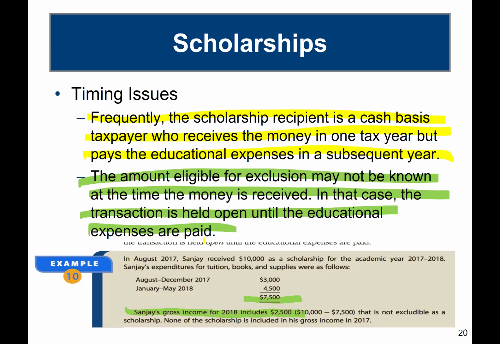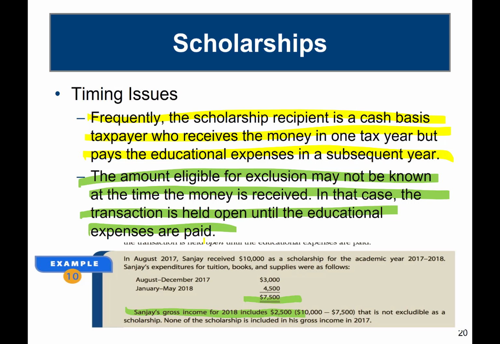No, I don't think that this is going to be relevant, because all we're doing is holding back this 10,000 because we don't know what portion of it is going to be for tuition versus other expenses. So I don't see that the accrual or cash basis of the taxpayer is relevant.